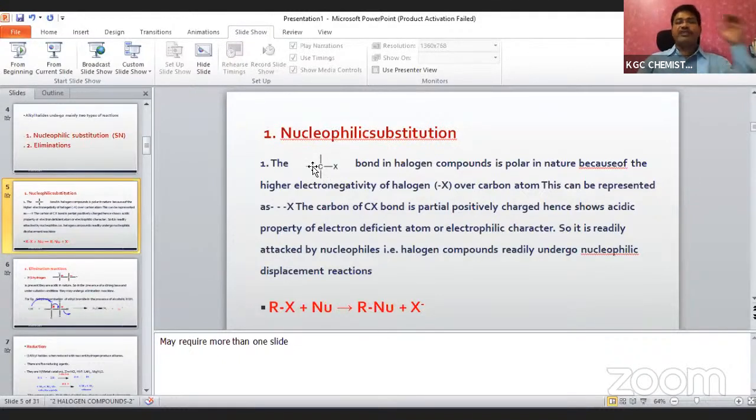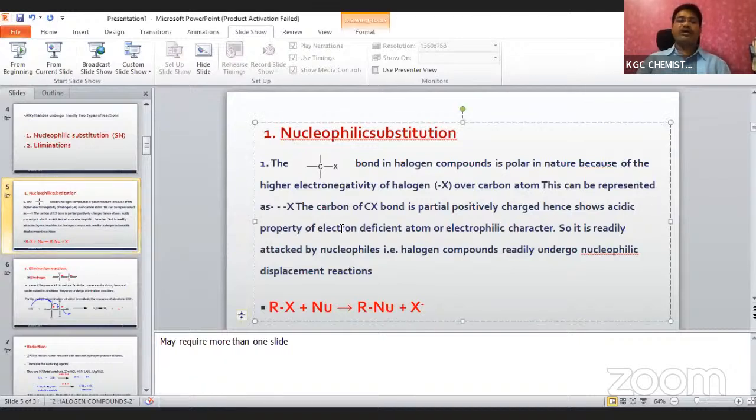Because of the difference in electronegativity between the carbon and halogen, it is polar in nature, because of the higher electronegativity of halogen over the carbon atom. This can be represented as partial charges, with the bond length shown, and the halogen is X minus.